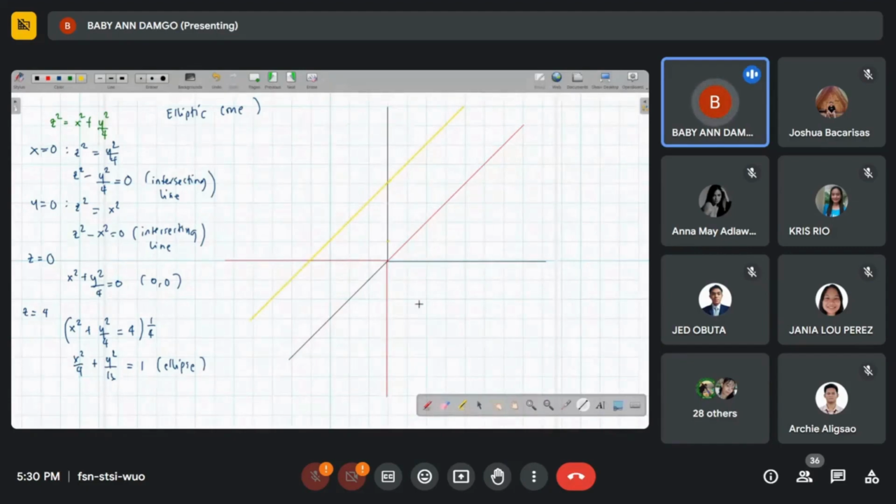The same with negative 4, kay the same ra ni siya result. Kay because of the square in z. So 1, 2, 3, 4. This one.